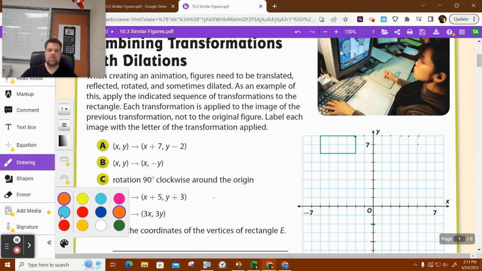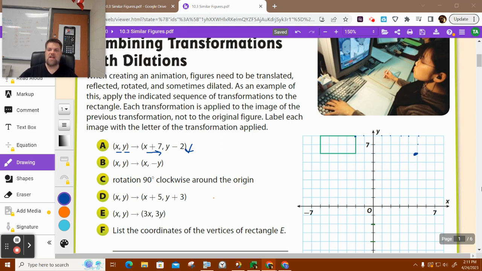So the first step here, I'm going to take my x and my y, and I'm going to go 7 units to the right and 2 units down. So from here, I'm going to go over 7 and down 1, 2. Then I do that for all 4 of the points. So 1, 2, 3, 4, 5, 6, 7, and down 2. And then same thing here.